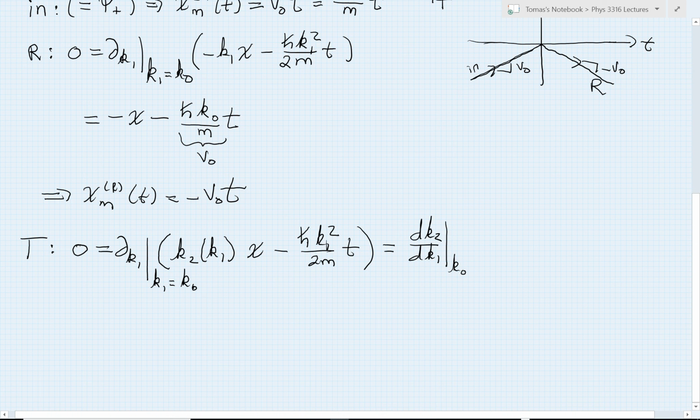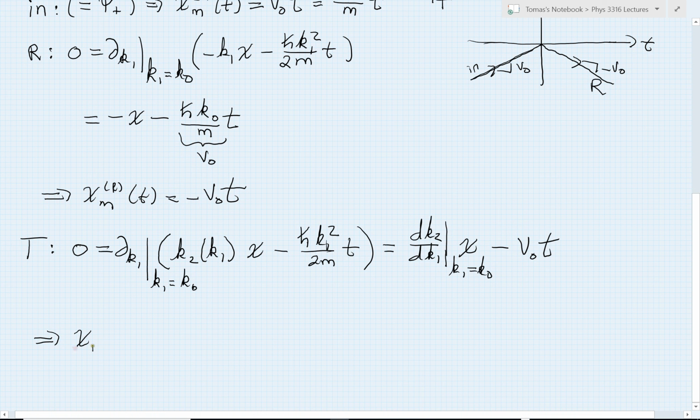That derivative multiplies x, and then minus, and it's the same derivative I had just done here. I'm not doing it again. That's minus v naught t.